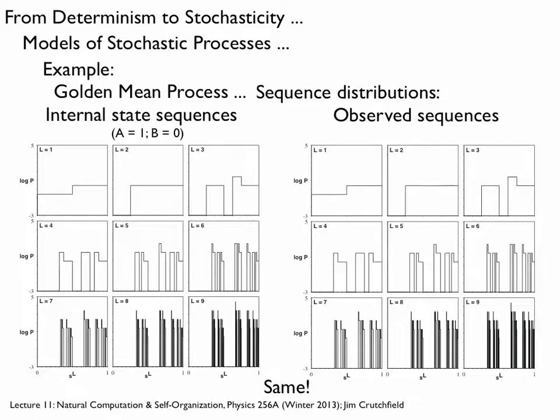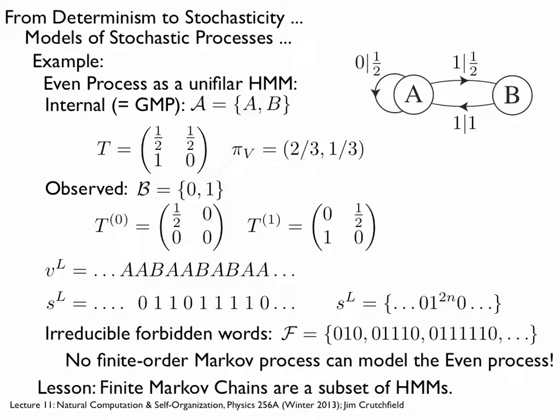Well, that was the claim: rather than using this observed Markov chain, we used a hidden Markov unifilar presentation of it, and the output word distribution looks just like the internal state sequence distribution. So the information is preserved. The internal state information is preserved in the observed sequences. Now this is kind of a simple case here. You could have concluded this from the previous slide, but this is actually a calibration for some interesting things that will happen.